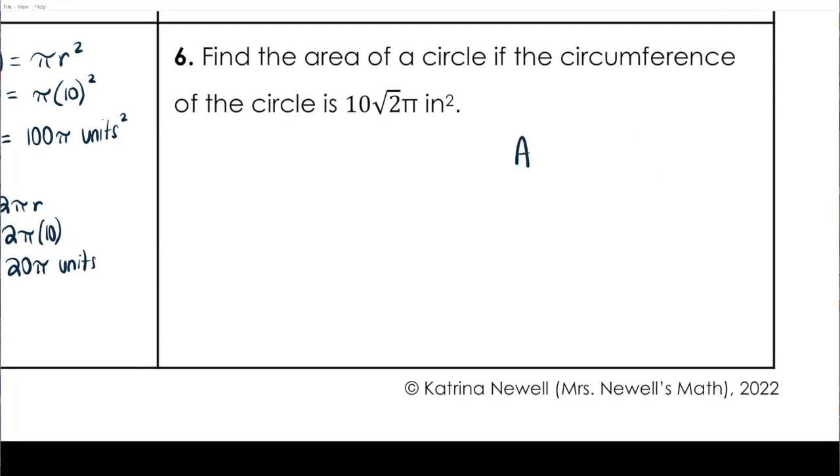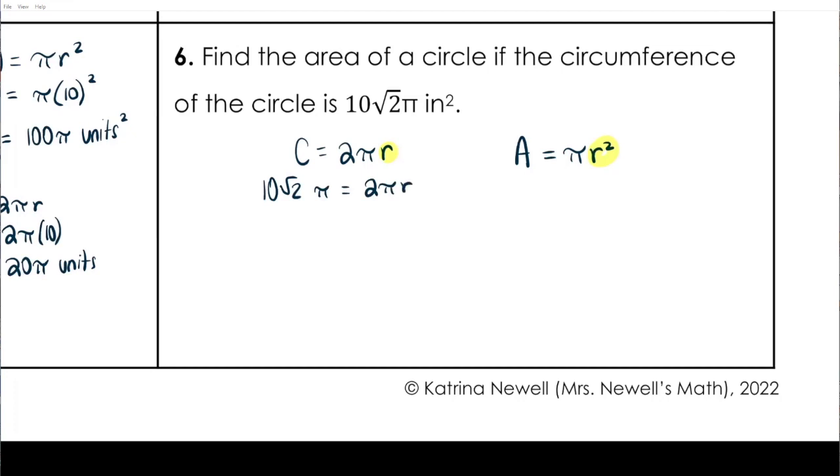So when we look at our area formula, we know that we need the radius. We need to be able to square a radius. So we're going to use the circumference formula that finds us a radius. Circumference is 2 pi r. We want to solve for r in this situation. Okay, so we're going to substitute: 10 root 2 pi is 2 pi r.